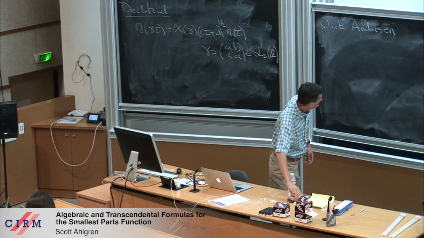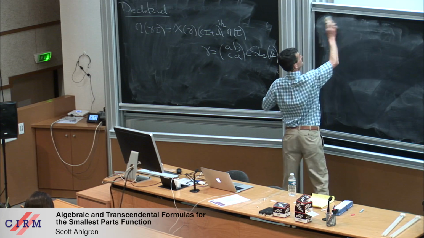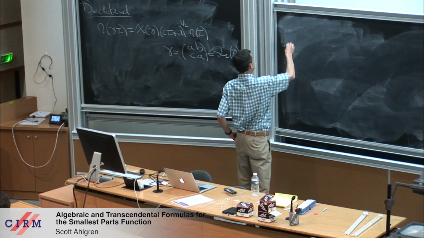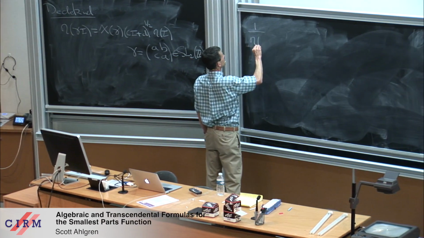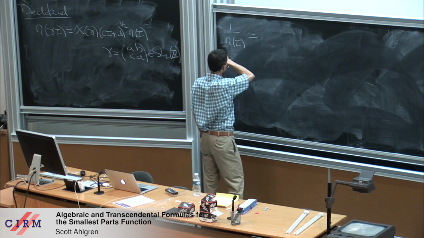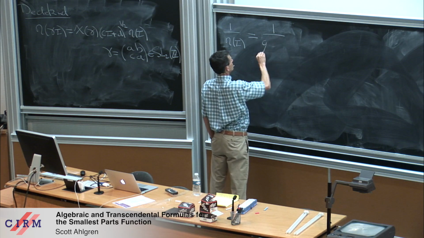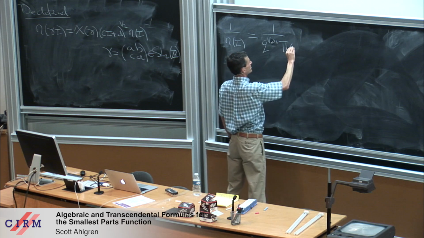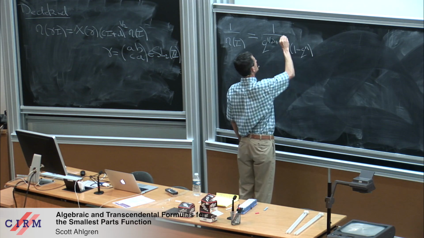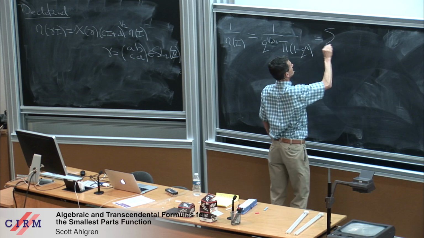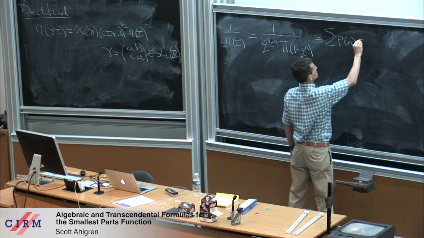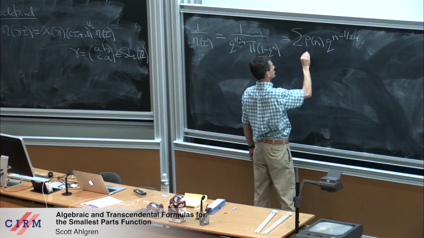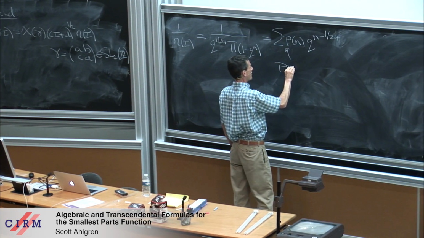The inverse of the eta function generates one of the basic functions of additive number theory, 1 over eta of tau. Here's the q-expansion: 1 over q to the 1/24 times the infinite product of 1 minus q to the n. The coefficients are p of n, with q to the n minus 1/24, and this is the partition function.